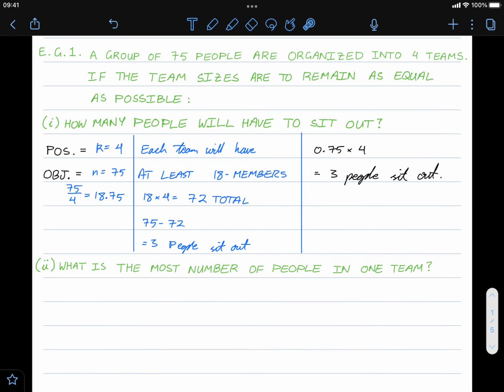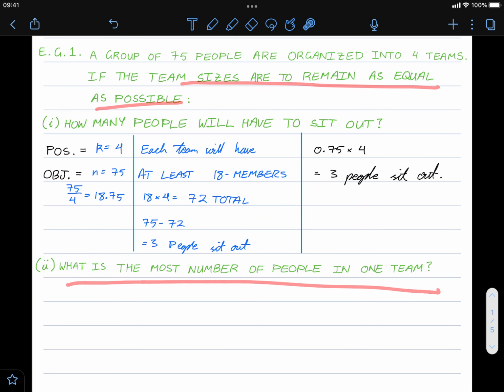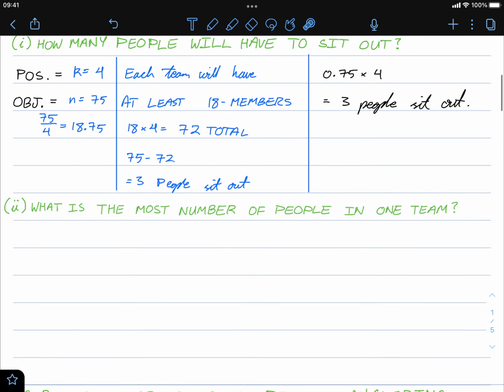Okay, so now continuing this, if the team sizes are to remain as equal as possible, what is the most number of people in one team?